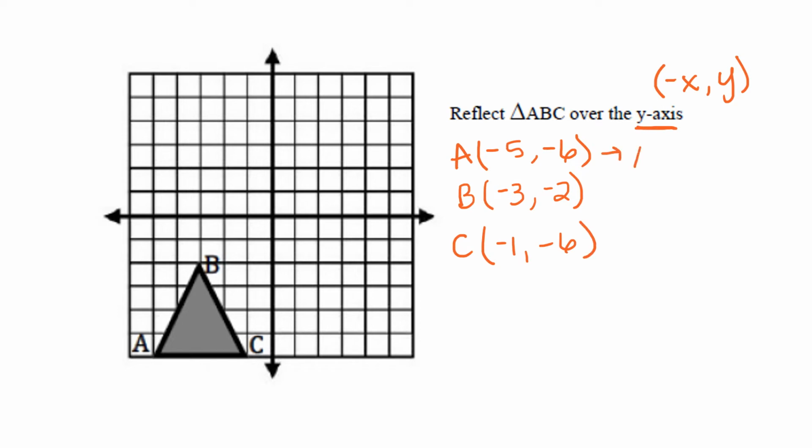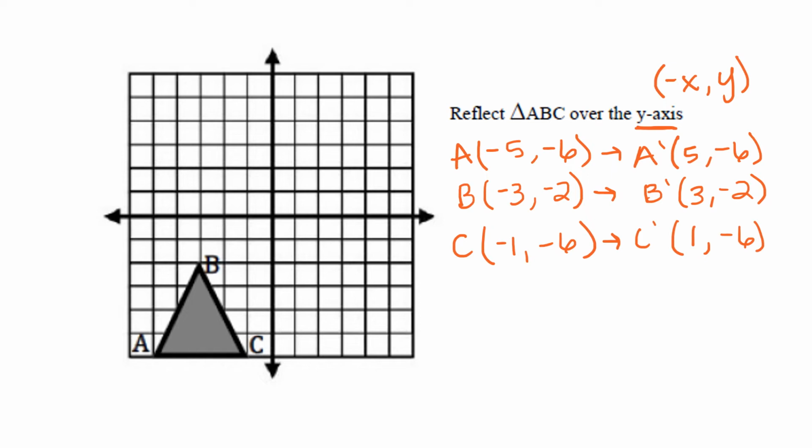Now my rule to get A prime: I have to negate or take the opposite of x, so the opposite of -5 would be +5, and I leave the y as is. Same thing with B prime. I take the opposite of x, so the opposite of -3 is +3, and I still keep that y value. To get C prime, take the opposite of x, which gives me +1, and keep the y value. Then I plot these points.